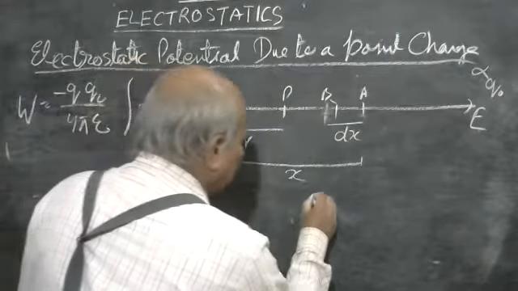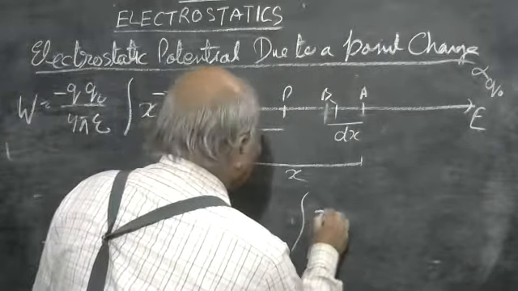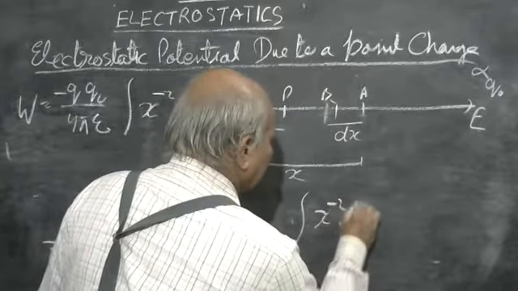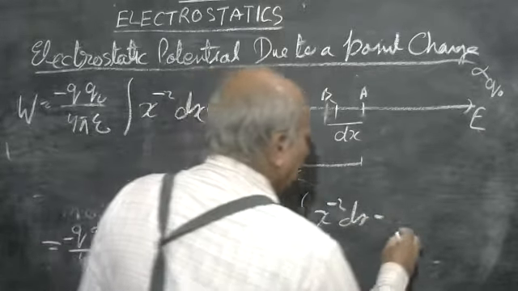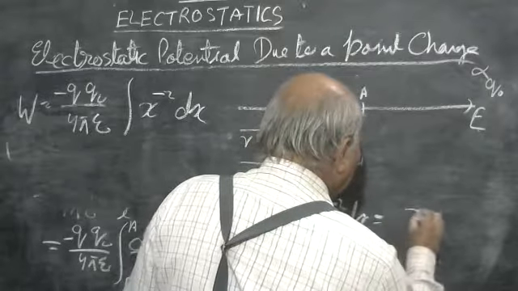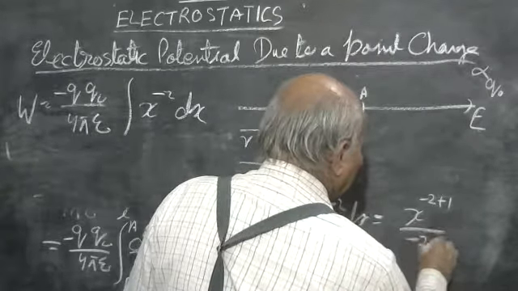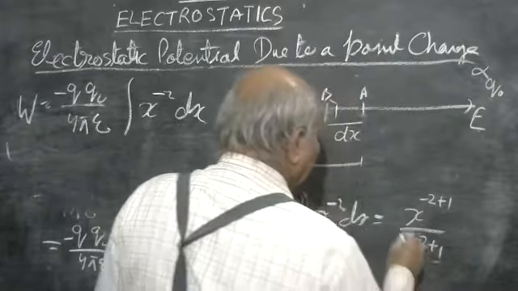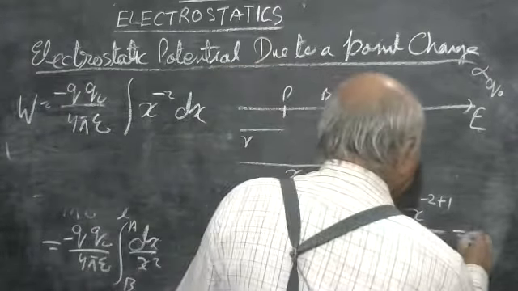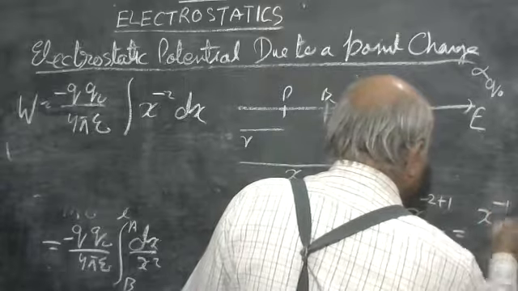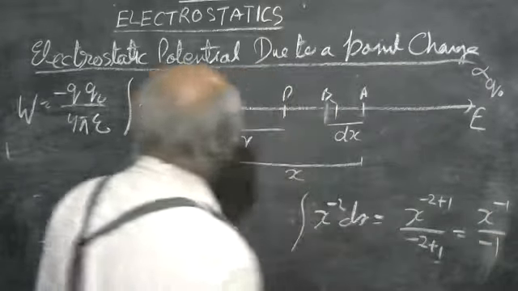Now integration of x to the power minus 2 dx is equal to x to the power minus 2 plus 1 upon minus 2 plus 1. This will be x to the power minus 1 upon minus 1.